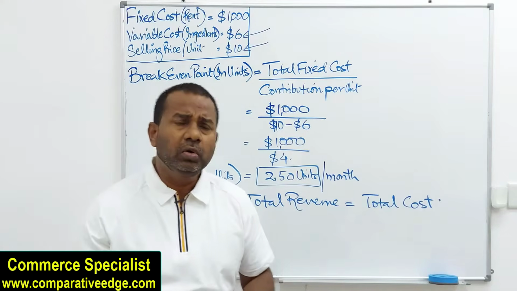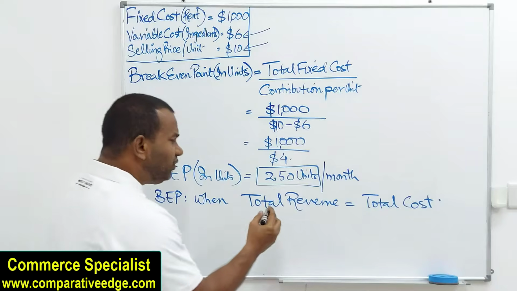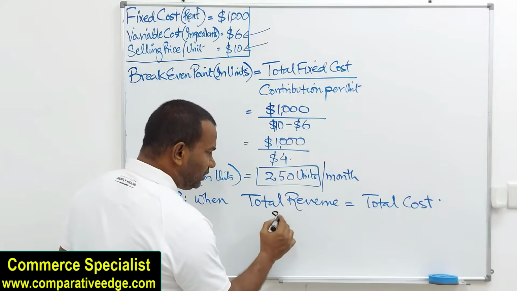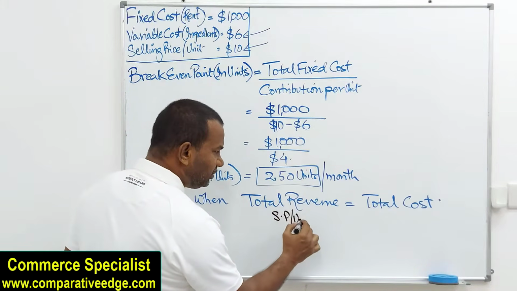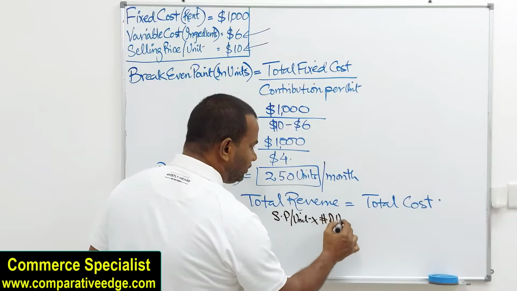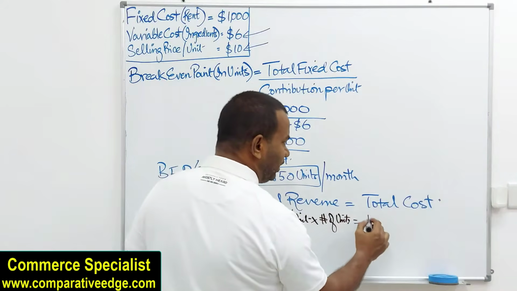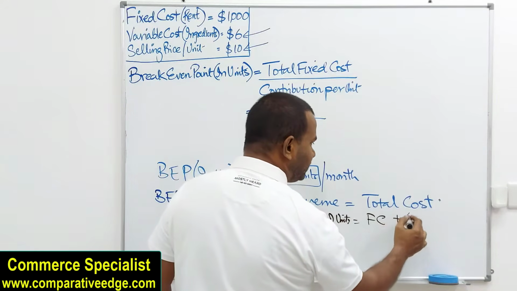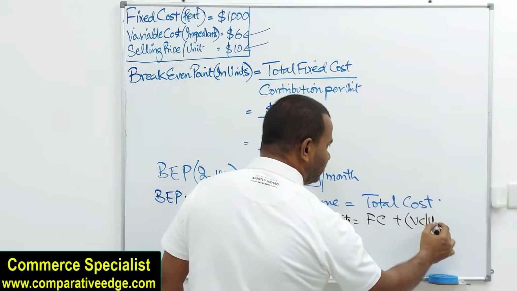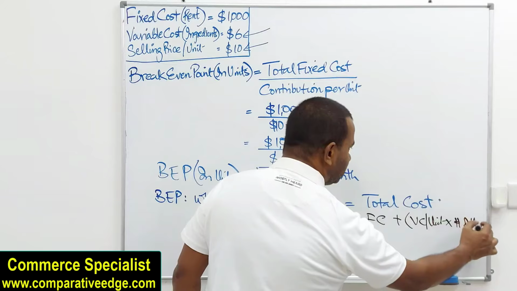Now we need to know how to calculate total revenue. Total revenue is simply selling price per unit multiplied by the number of units. And total cost is your fixed cost plus variable cost per unit multiplied by the number of units.